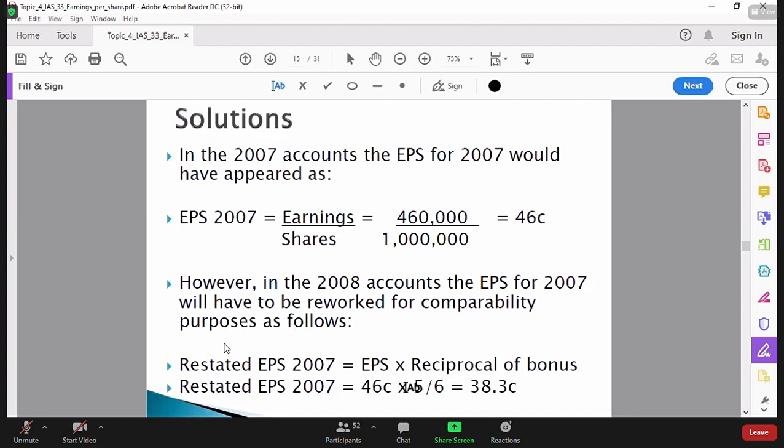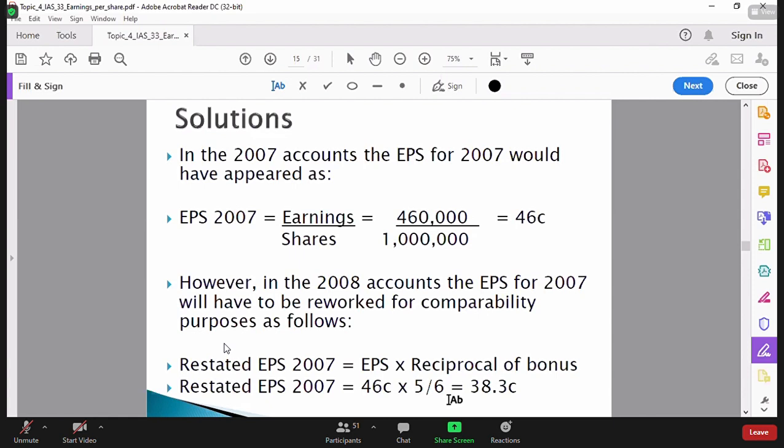This is the ratio of the bonus issue as at 2007. So 5 is the existing shares. Now the shares become 5 plus 1, which is 6. So 5 over 6.